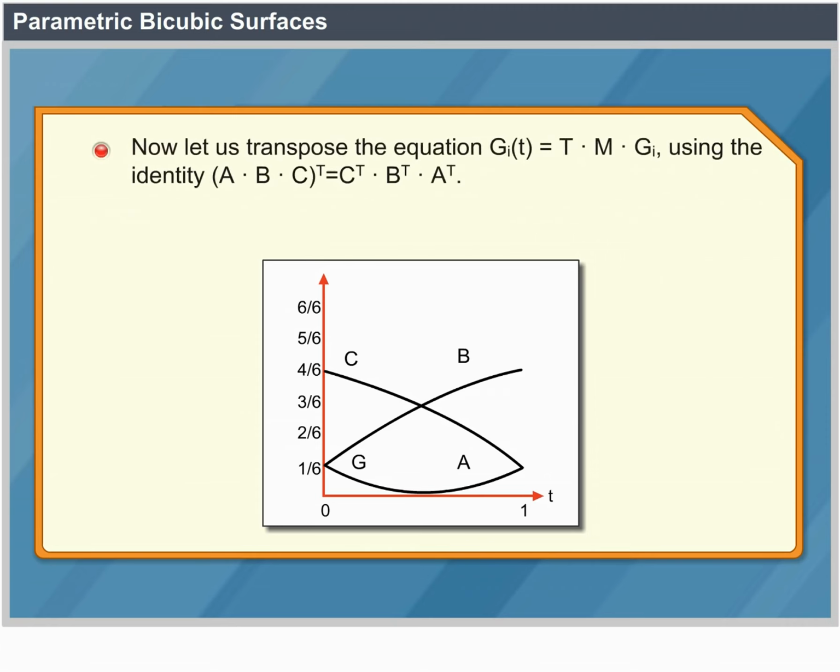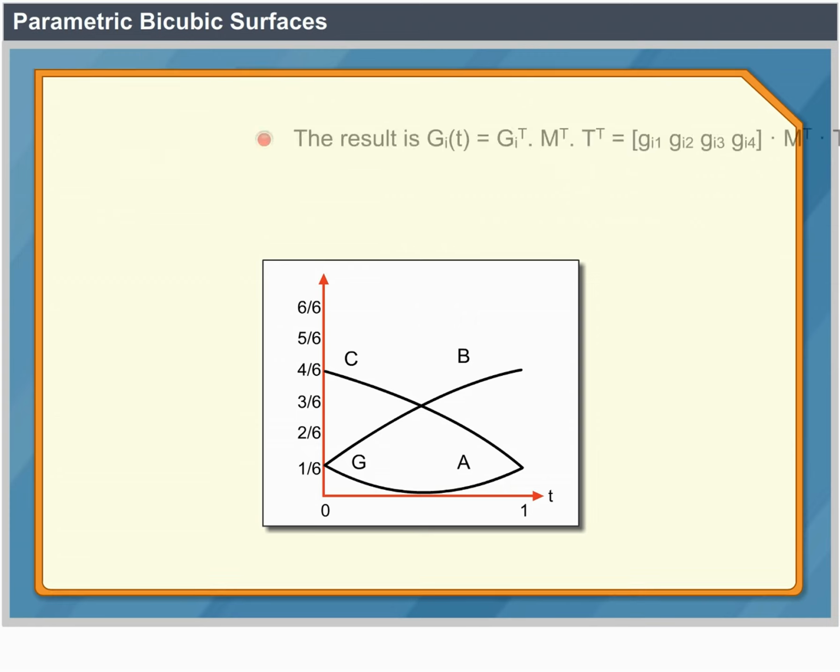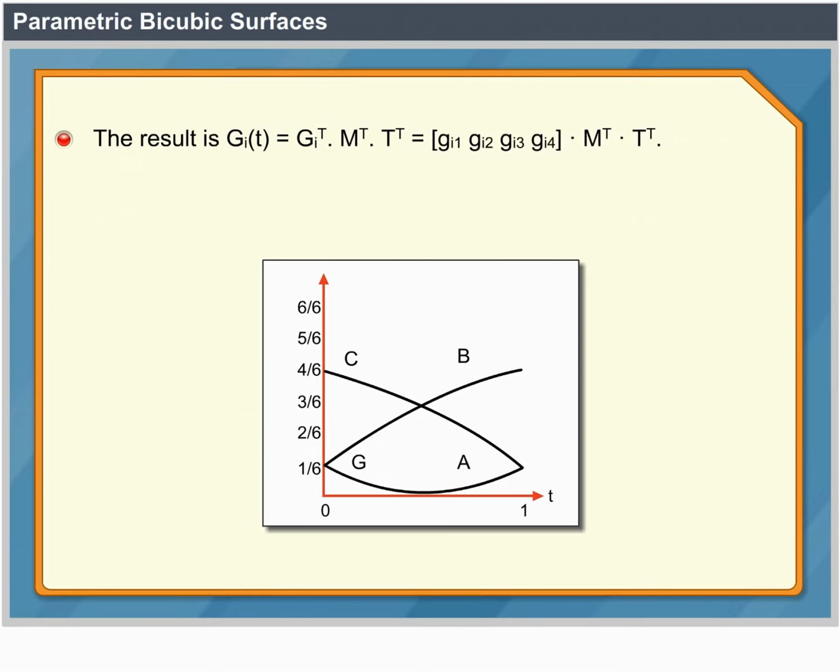Now let us transpose the equation Gi(t) = T · M · Gi using the identity (A · B · C) transpose = C transpose · B transpose · A transpose. The result is Gi(t) = Gi transpose · M transpose · T transpose, equal to [gi1, gi2, gi3, gi4] · M transpose · T transpose.